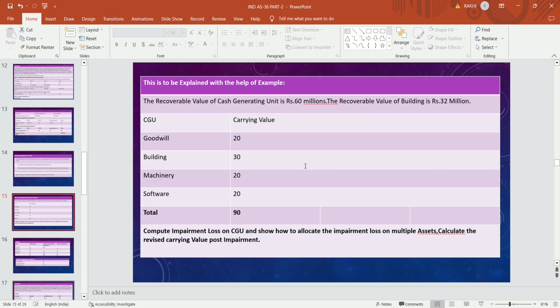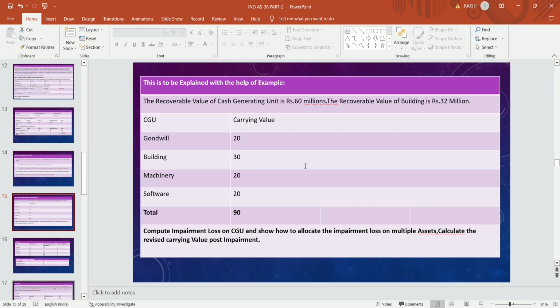There is a group of assets known as a cash generating unit whose recoverable amount is 60 million, and in that group there is one building whose recoverable amount is given separately, that is 32 million. Now the cash generating unit consists of goodwill, building, machinery, software. Carrying values are 20 million, 30 million, 20 million, 20 million, total 90 million.